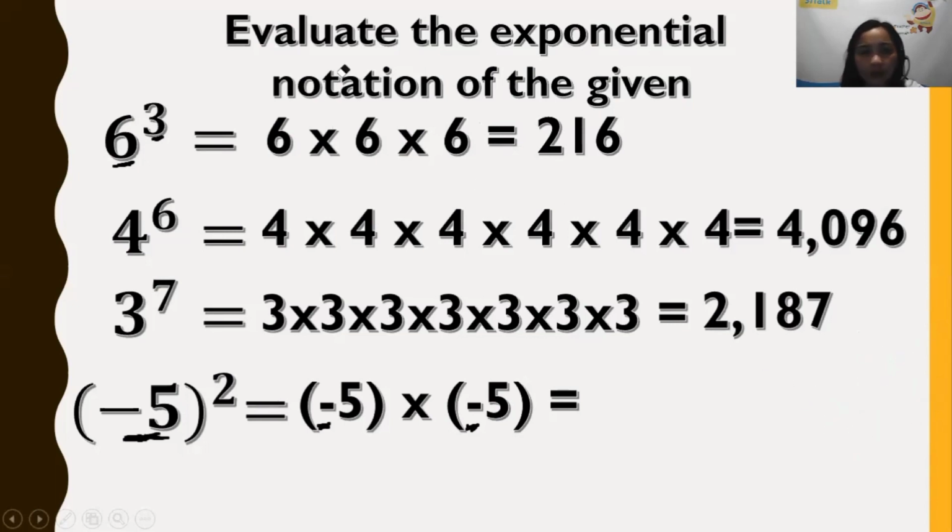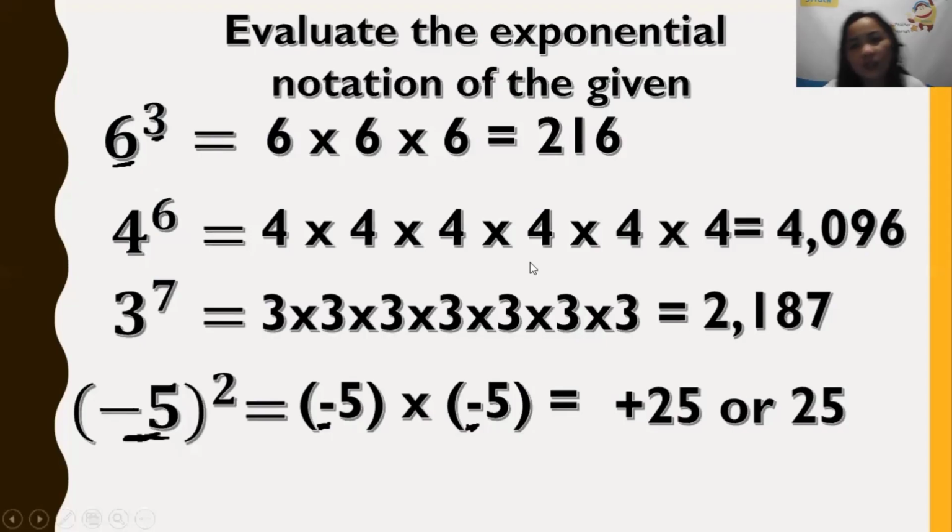So now, we have here negative 5 times negative 5. The answer is positive. What is the answer? The answer is positive 25 or 25. Walang symbol. Pwede. Pag sinabi nating positive, pwede siyang may symbol na plus sign at pwede rin namang wala. So the answer is positive 25.